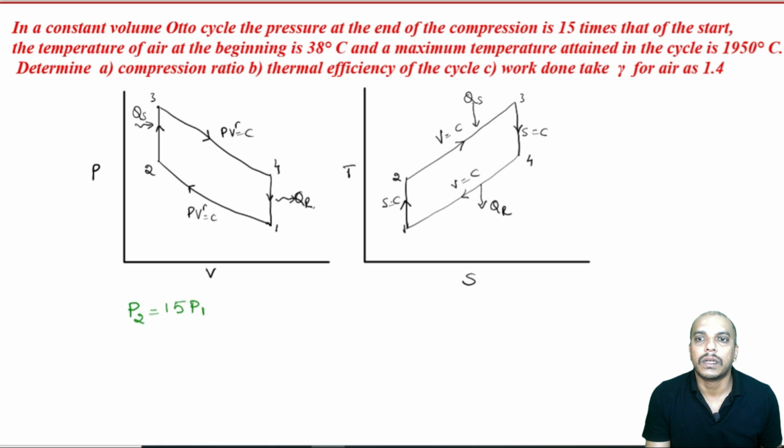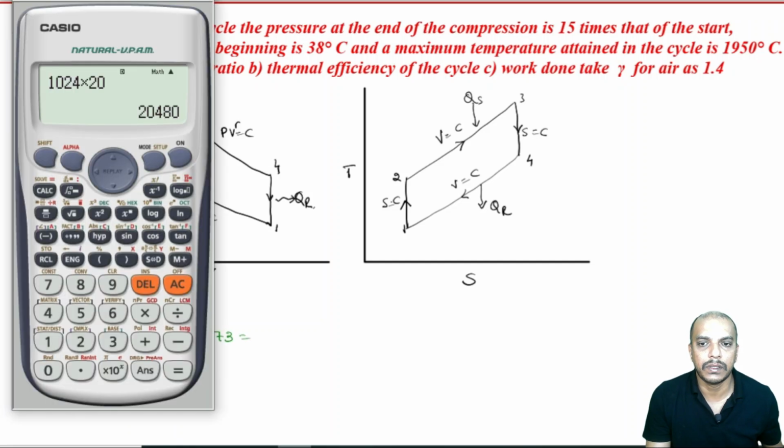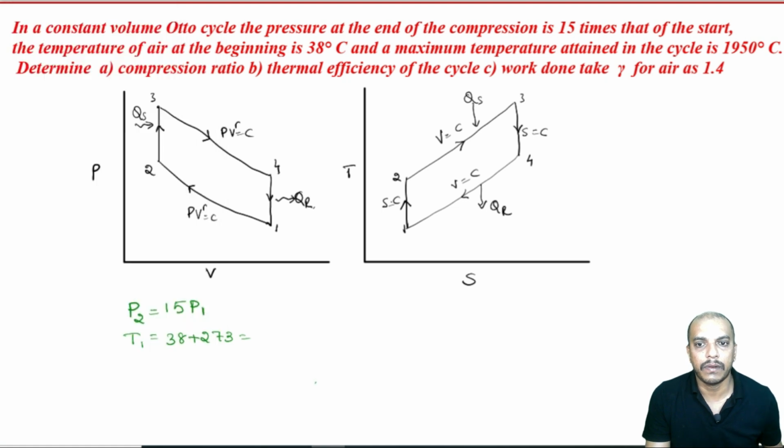And the temperature of the air at the beginning is 38 degrees Celsius. Let us convert that into Kelvin, 38 plus 273, 311 Kelvin. And a maximum temperature attained in the cycle.